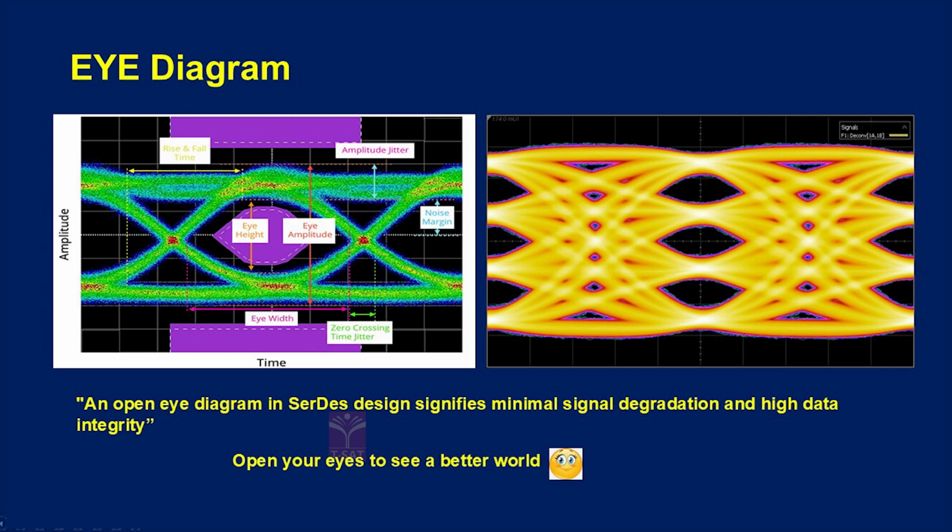There is an eye opening, an eye amplitude, eye height, and eye width. Overall, this width, height, and amplitude give us an understanding of the attenuation and signal integrity issues. If the eye is open, that means it's good.